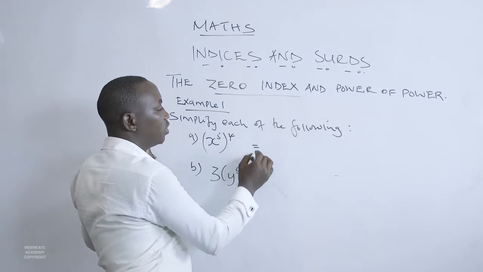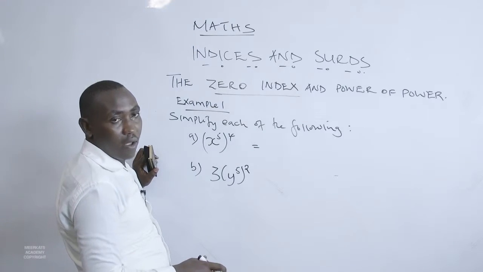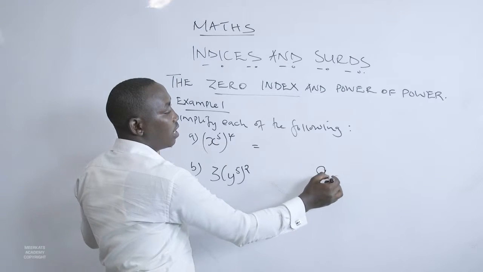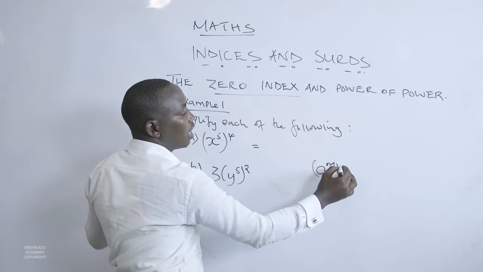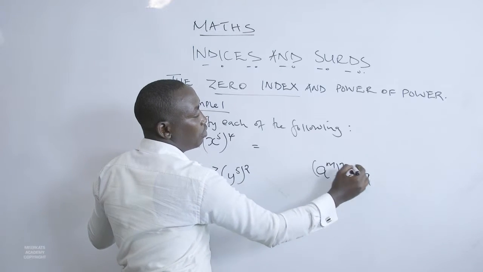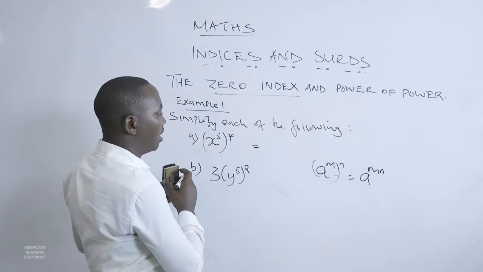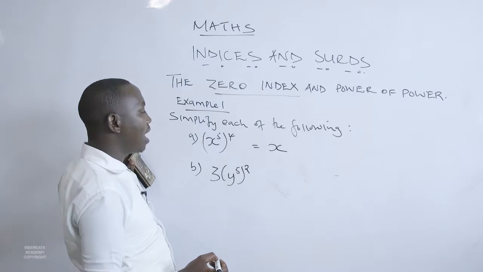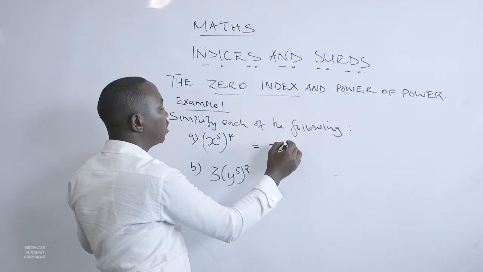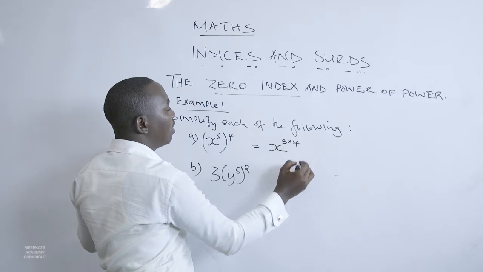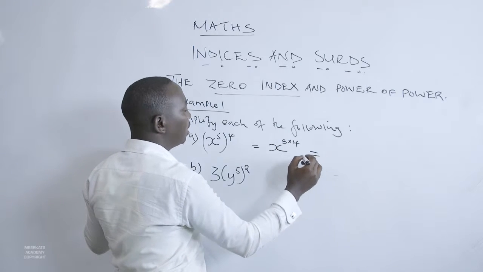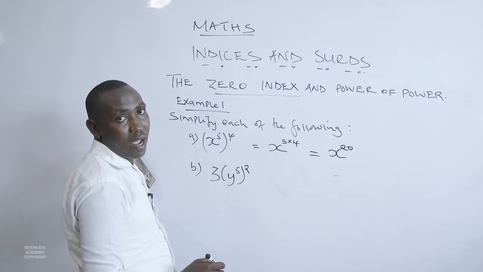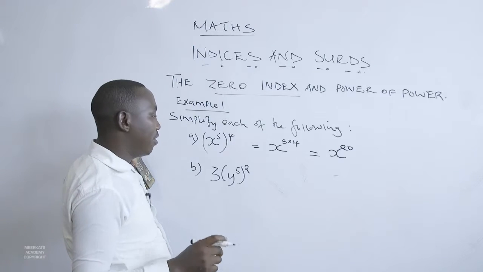Now, in the solution for these two examples, we have a power raised to another power. And we say that whenever a power like A raised to m is raised to another power n, the result is to multiply the powers together. So for this case, we shall have our factor x raised to 5 times 4, which shall give us x raised to 20, where 20 is our new power.